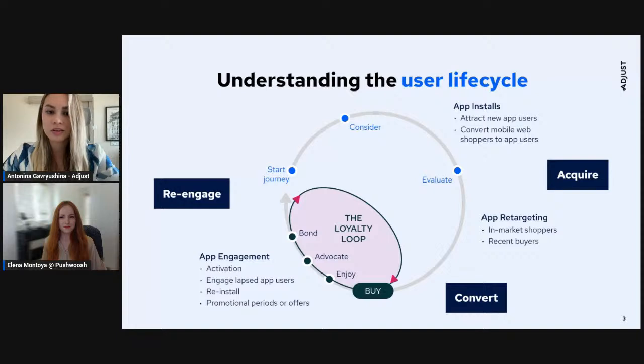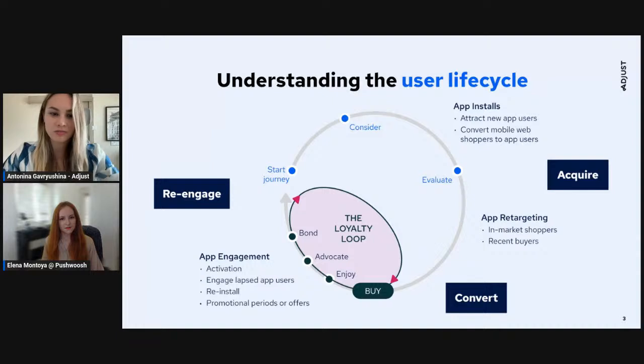Then we move into the engagement phase, where we work to activate new users, re-engage lapsed users, and encourage reinstalls. Finally, we have the so-called loyalty loop, where we aim to build a strong bond with our users, have them enjoy our application, and ultimately turn them into brand advocates.